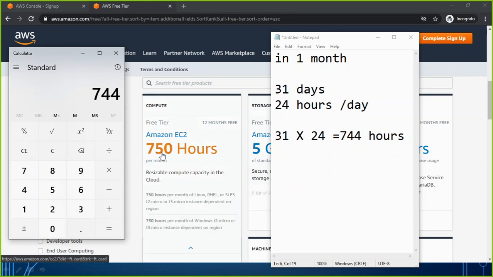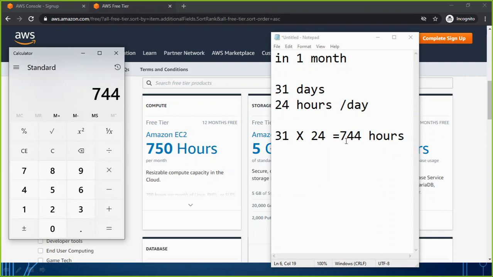Why are they offering 750 hours? Why not 744 hours? Because there are some countries, if I talk about those countries which are near the North Pole or near the South Pole of the earth, like a country like New Zealand, those countries have some daylight time.